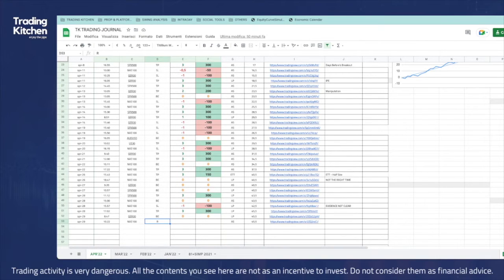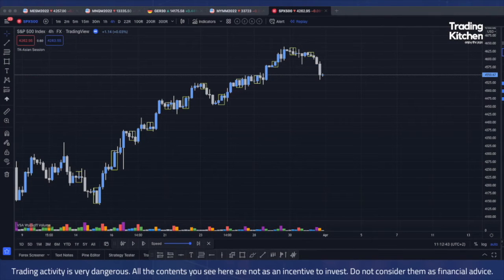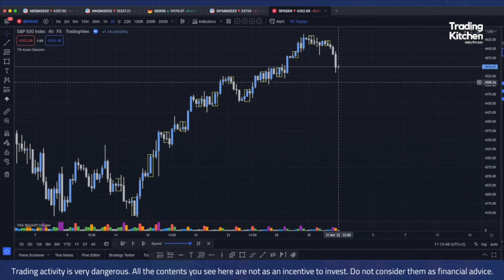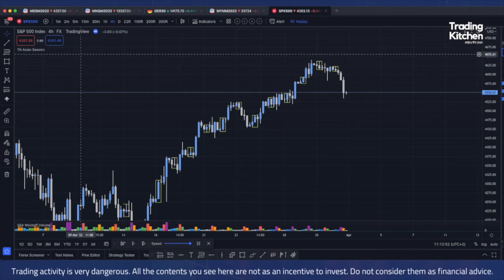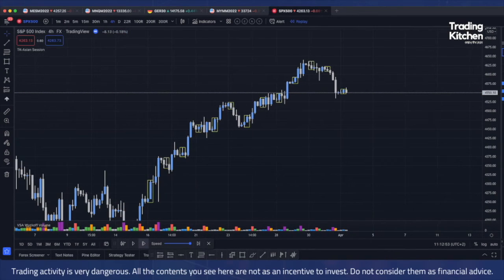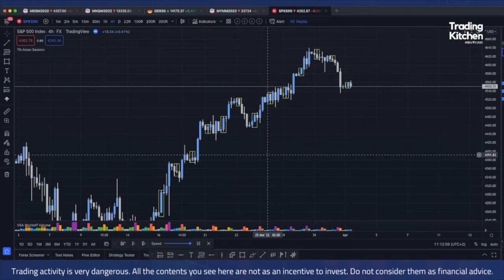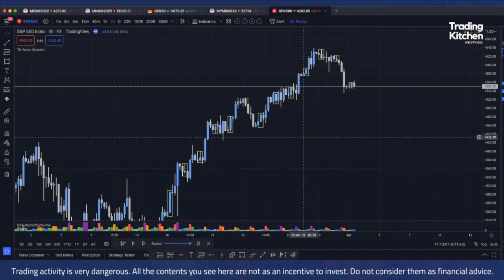Well, let's go. Let's jump into the chart, and we're going to backtest this strategy. So we are, as you can see, at the 1st of April. I usually start with a multi-time frame analysis, even if I use a 5-minute chart or 2-minute chart for intraday trading.